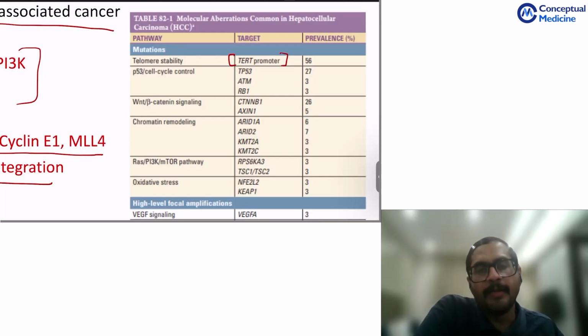TERT, as we read once in dyskeratosis congenita, the gene DKC. So TERT and all, telomerase stability. What are telomeres? Telomeres are present at the end of the chromosome, which helps in preventing cell senescence and cell death.